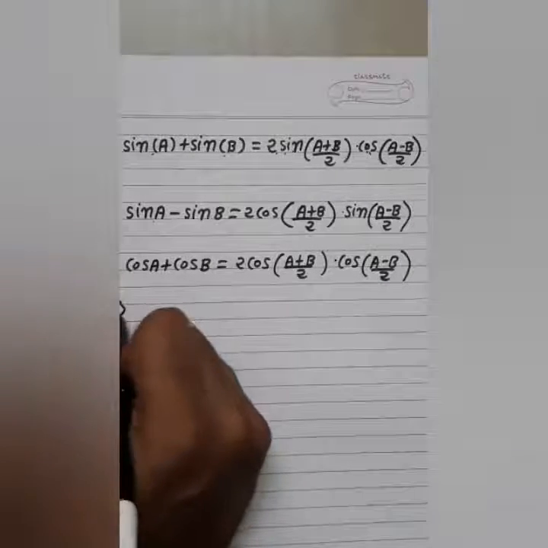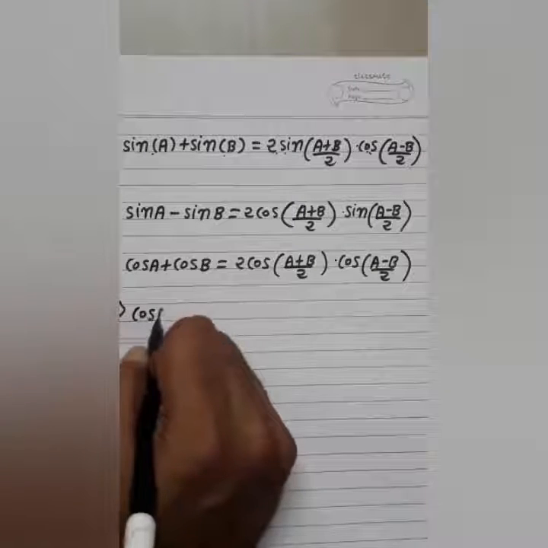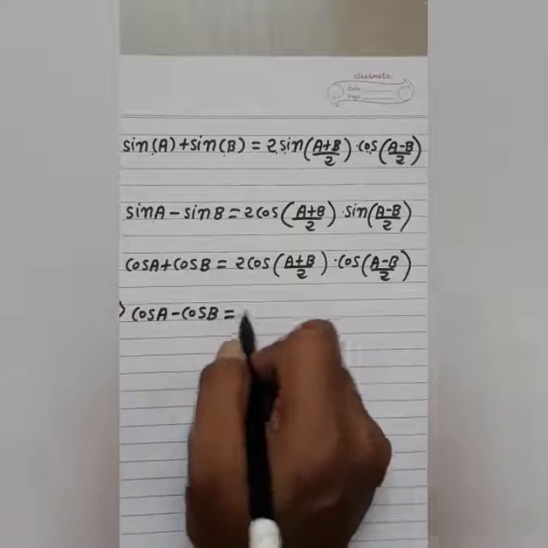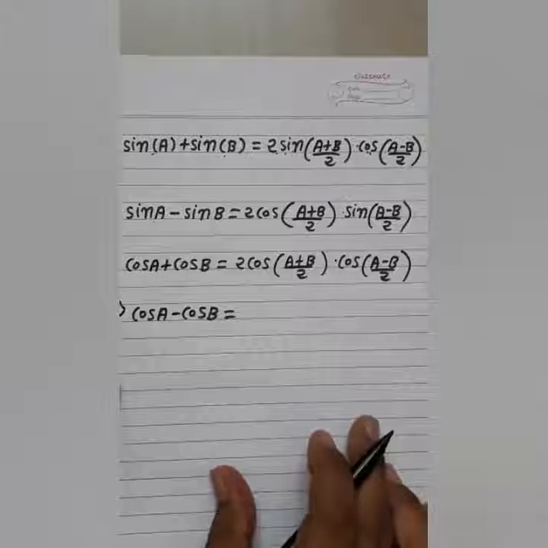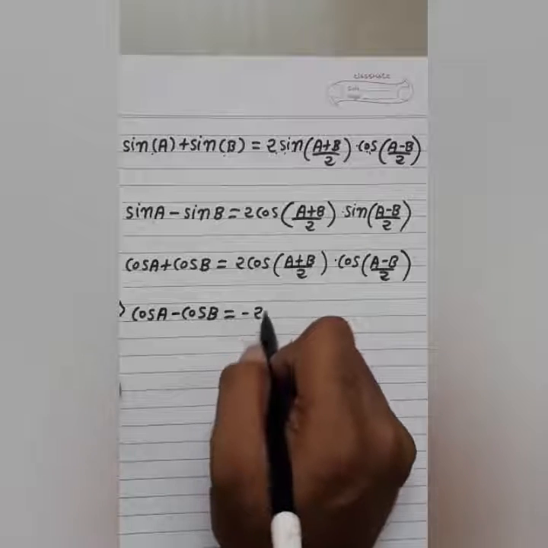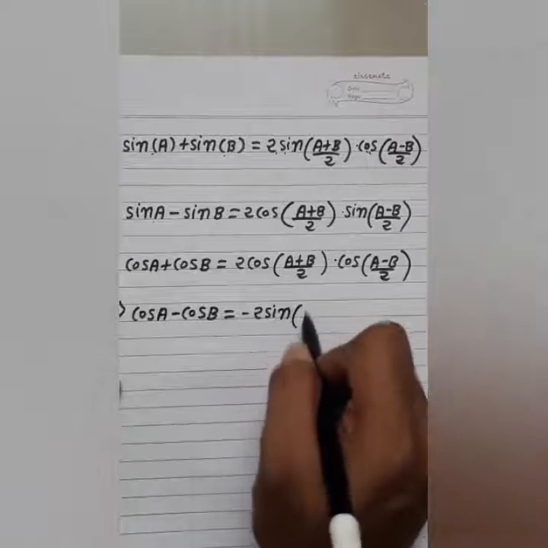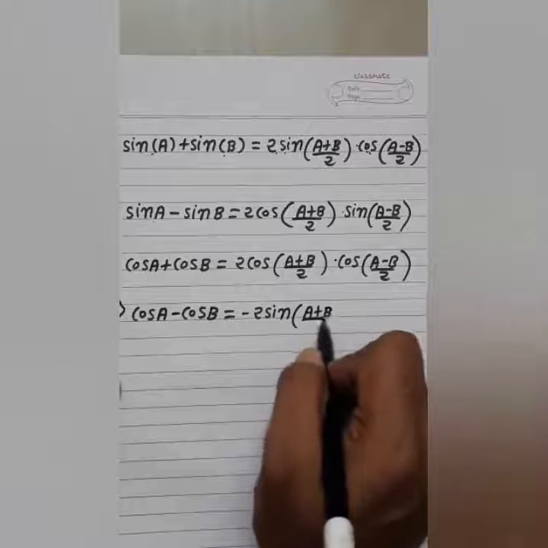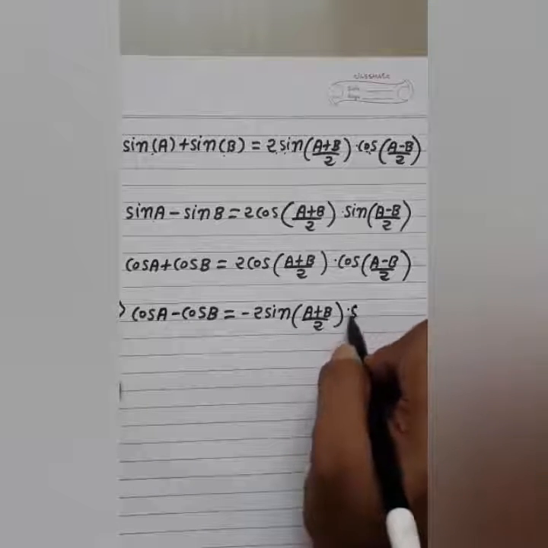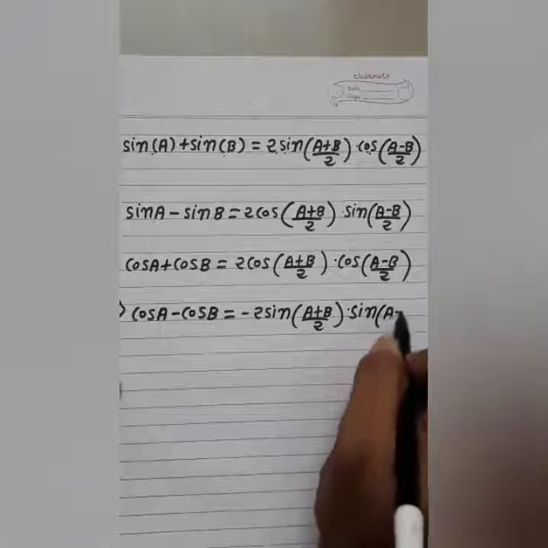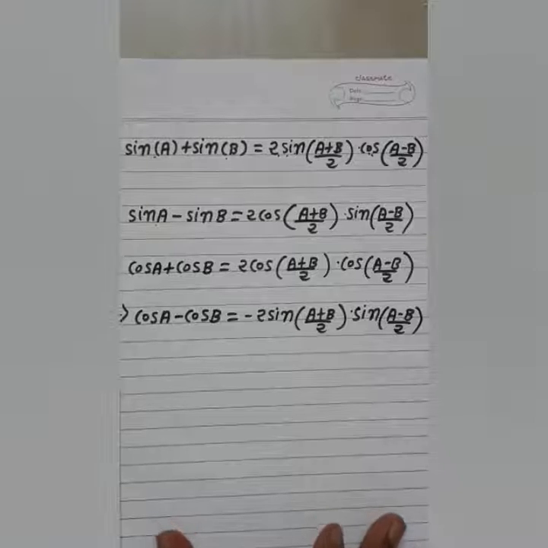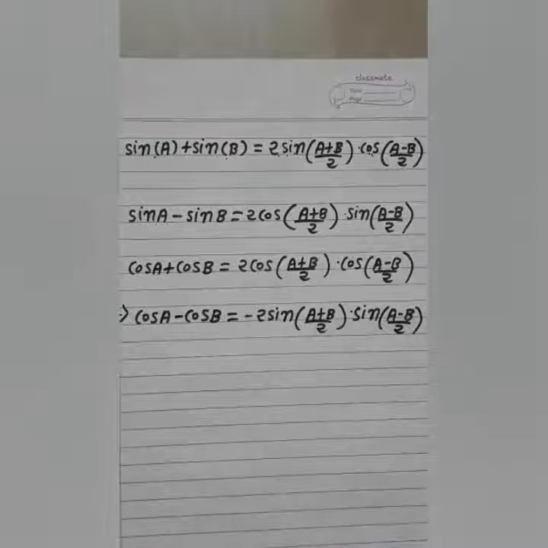Next one: cos a minus cos b is equal to minus 2 times sine of (a plus b) divided by 2 into sine of (a minus b) divided by 2.